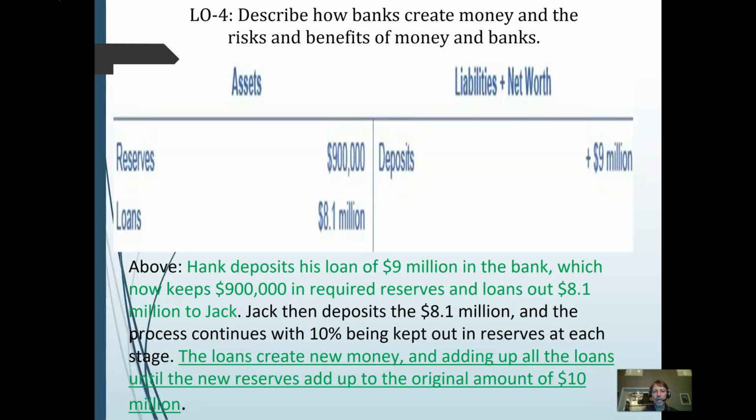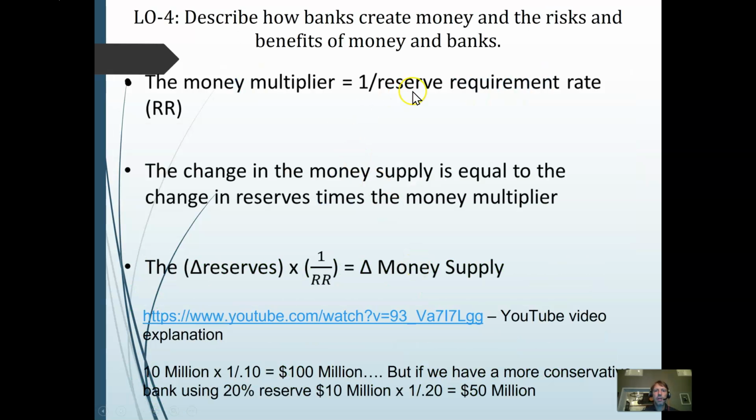It's the way the banks, if you will, create money. The money multiplier is 1 divided by whatever the Federal Reserve requirement rate is. It's a little above, I think, 10% right now, but 10% makes for easy math. Then 0.1 or 10% divided into 1 equals 10. So the money multiplier is tenfold.